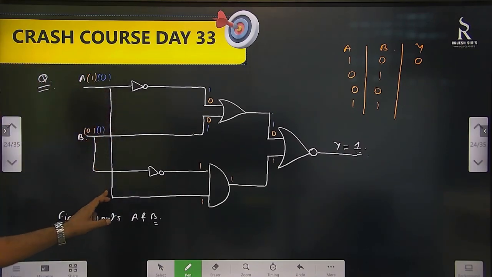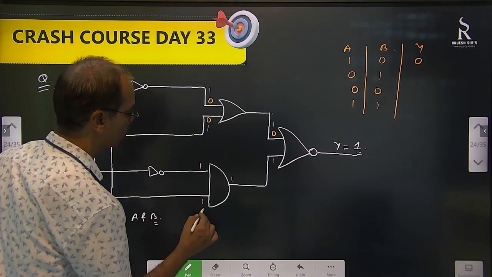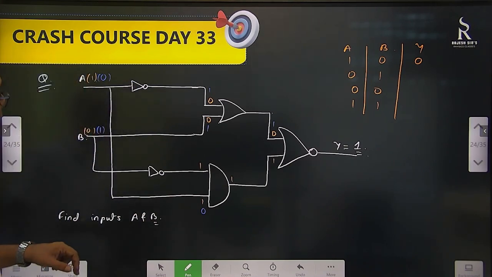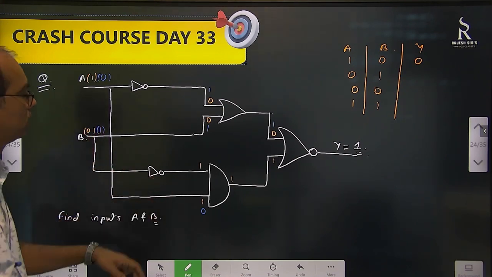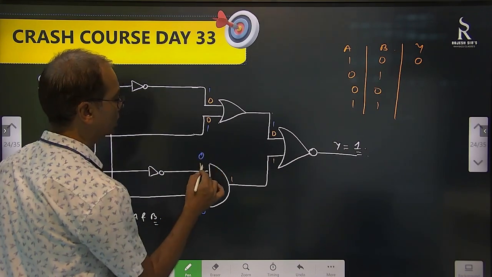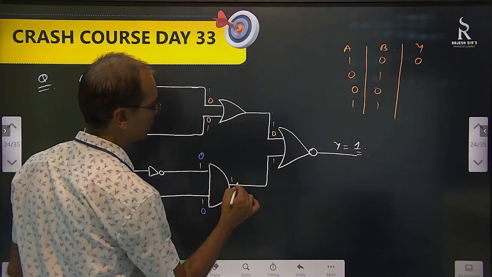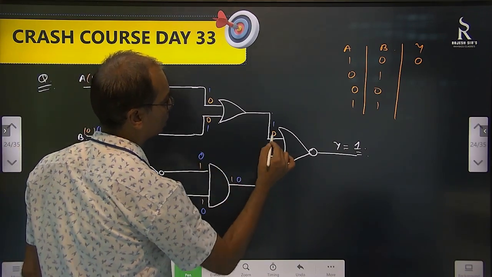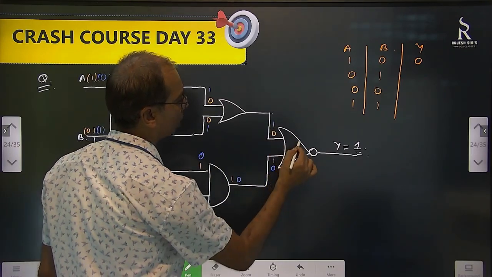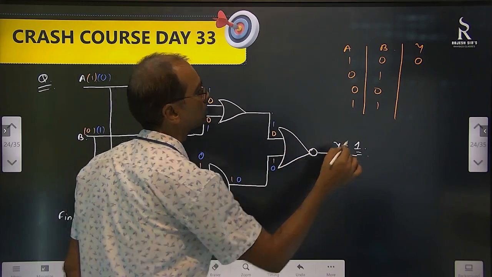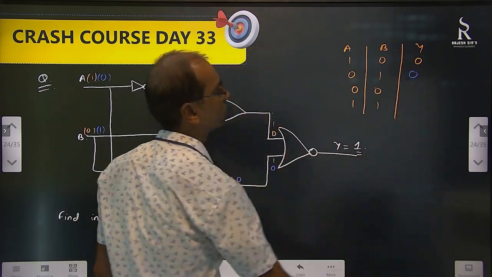This is 0, so this will be 0. Then this one, this is 1 here. So this is 1, this NOT converts it into 0. So this becomes 0. 0 and 0, here answer is 0. So here goes 0. This is 1. 1 and 0, this is OR. It becomes 1. But this NOT makes it 0. So this is also 0.